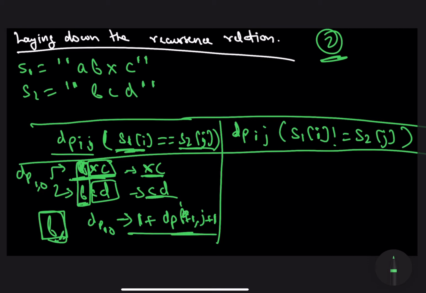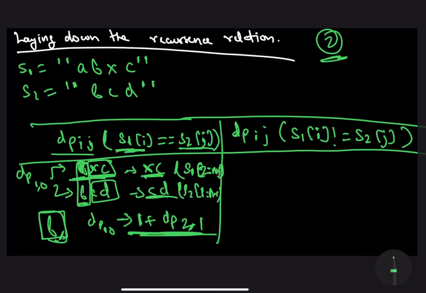So in this case it's nothing but dp of 2 comma 1. Because if you have a look, this xc is nothing but s1 from 2 to n minus 1. In the same way this cd is nothing but s2 from 1 to m minus 1.